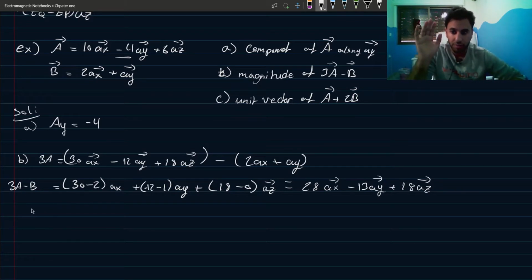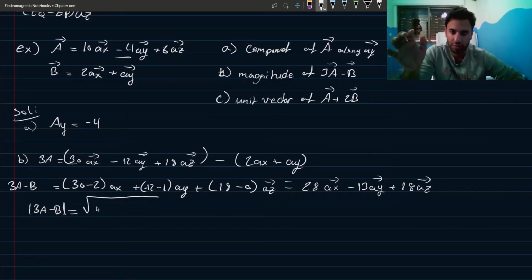So the magnitude of 3A minus B is the square root of 28 squared plus 13 squared plus 18 squared.